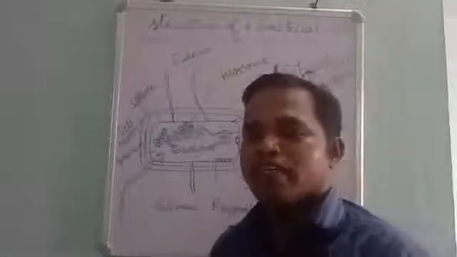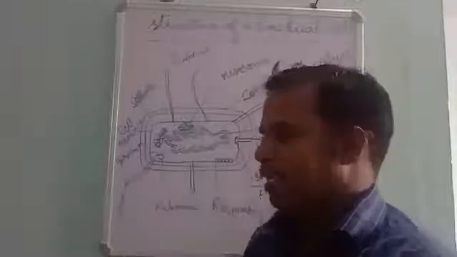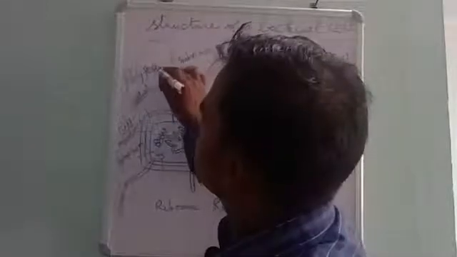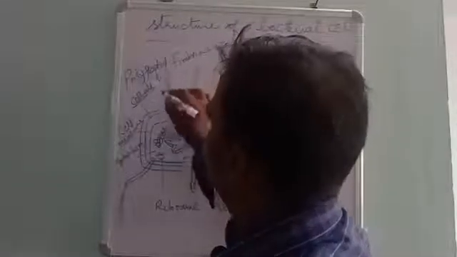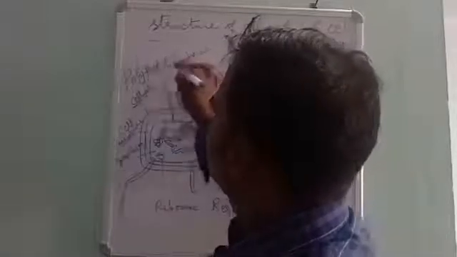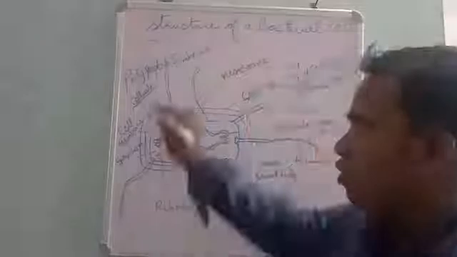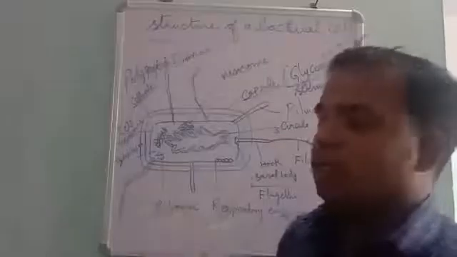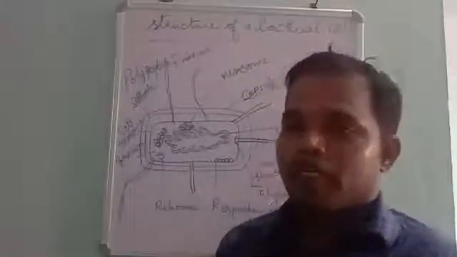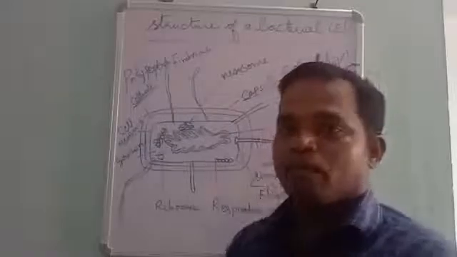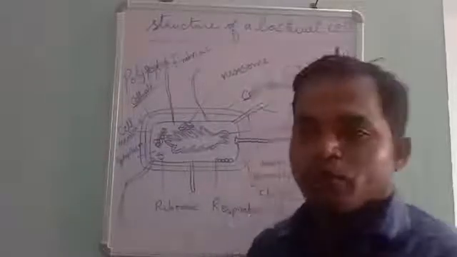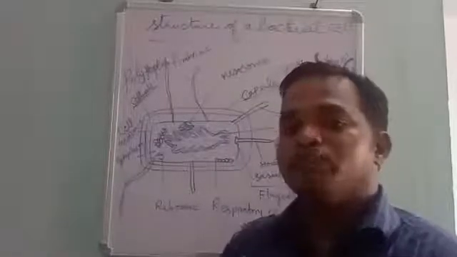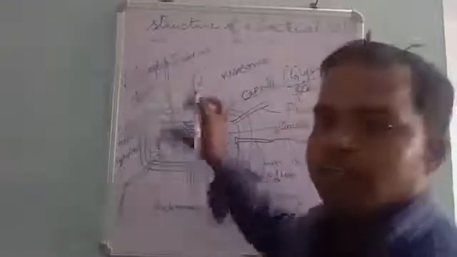The cell wall of the bacteria is composed of peptidoglycan. If the cell wall is composed of peptidoglycan with many layers, then they are known as gram-positive bacteria, because they respond to the gram staining procedure since it is a thick layer.